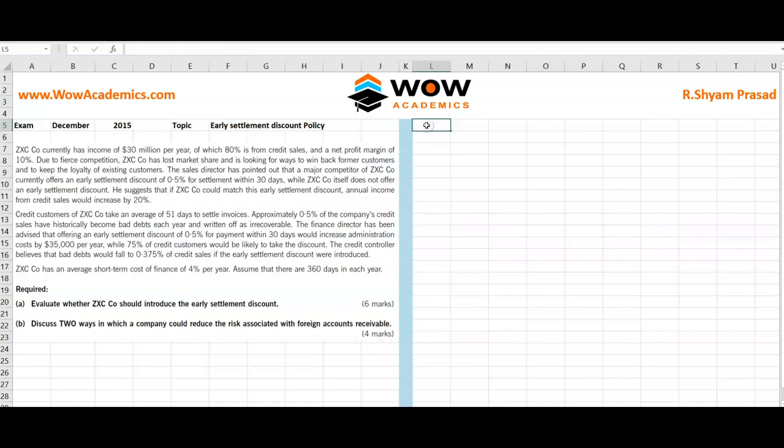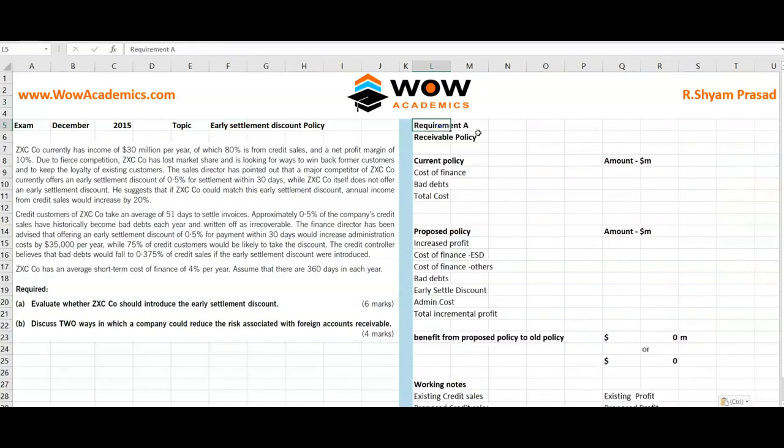So we'll start from a format. This is a format which I have created. Once you have read the question, your format will keep evolving because these problems do not have a perfect format like we had in net present value sums. So as per the question, you have to evolve your format. That's how it works.